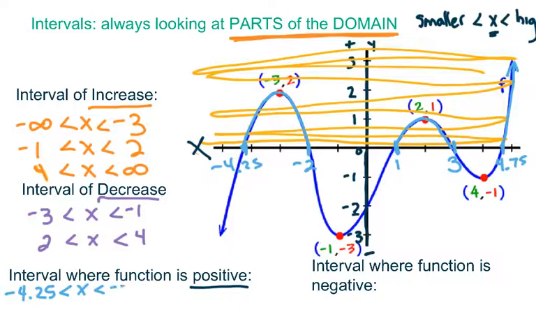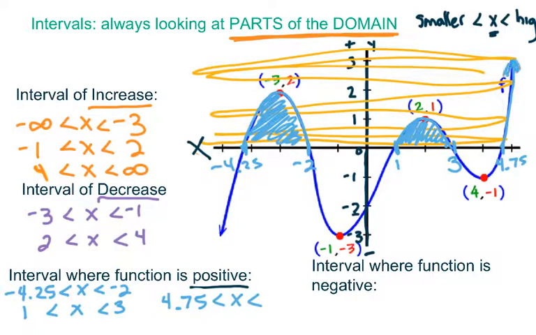Less than -2. That takes care of this one. Then the next one is +1 less than x less than 3. That's this piece. And then 4.75 less than x less than, it's going on for infinity, so that's going to be a positive infinity. Are we getting the idea?